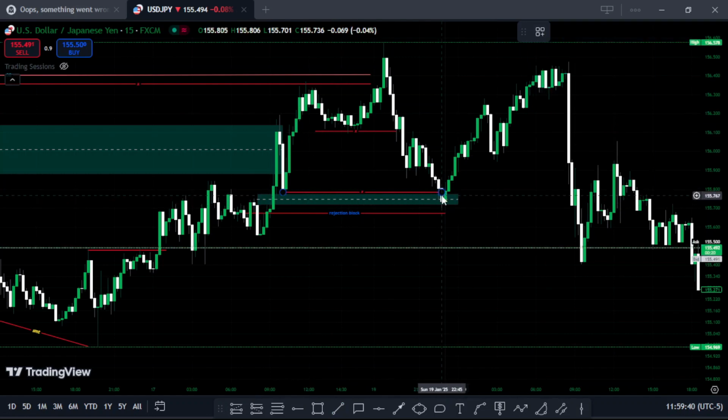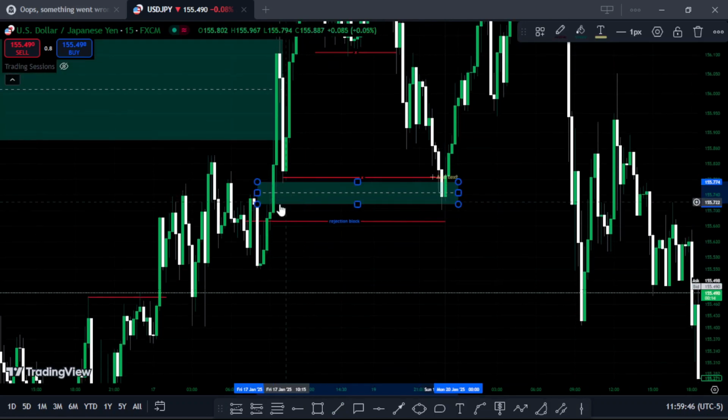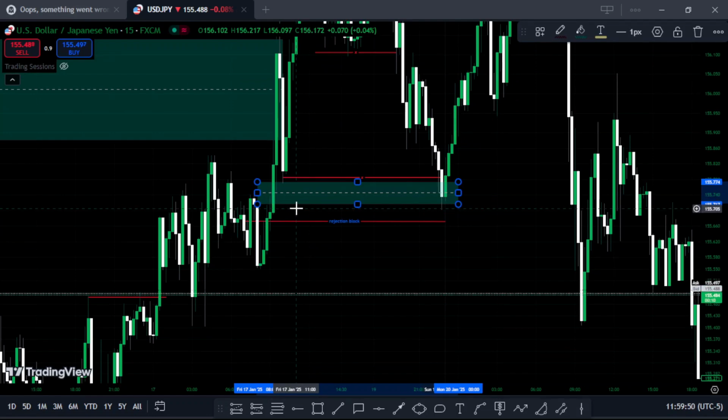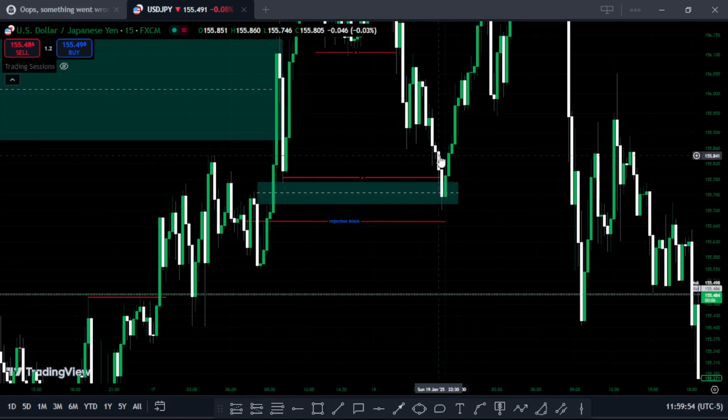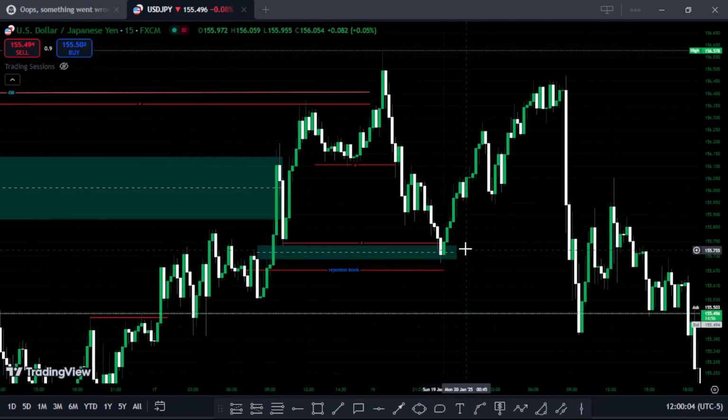This X that I just marked is a liquidity sweep, and price managed to fill the 1 hour fair value gap. Remember, I marked this on the 1 hour time frame. So price came down, fills this gap like that, and this is where you were supposed to buy this trade, literally immediately.